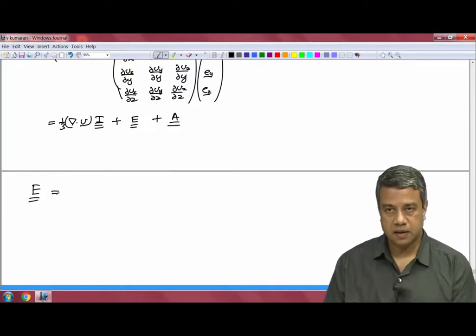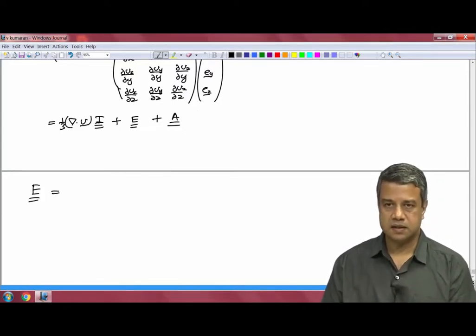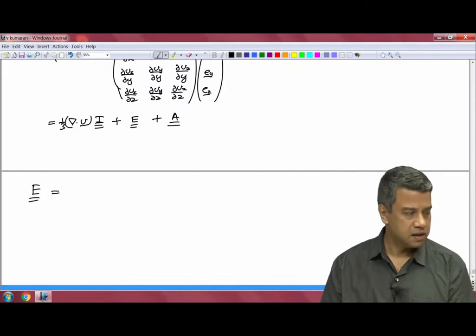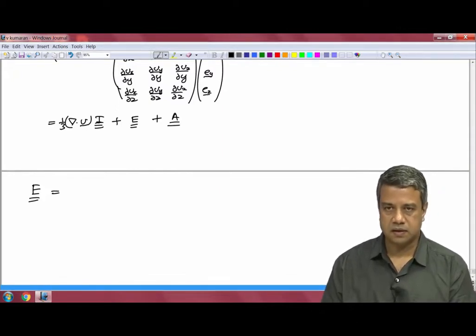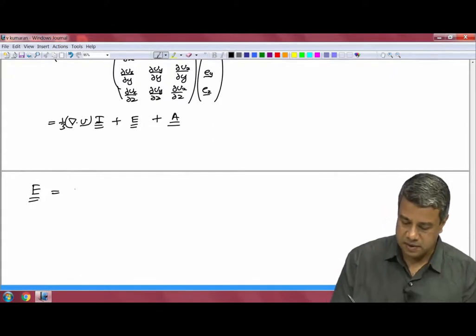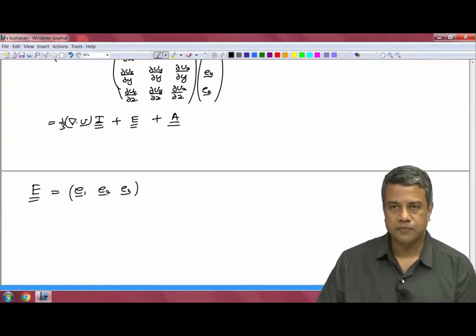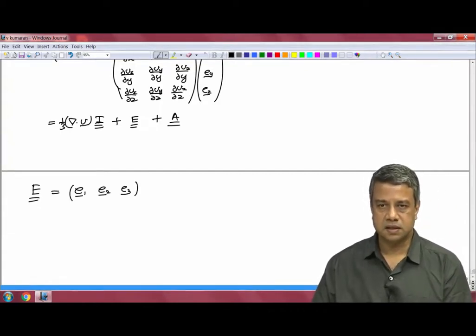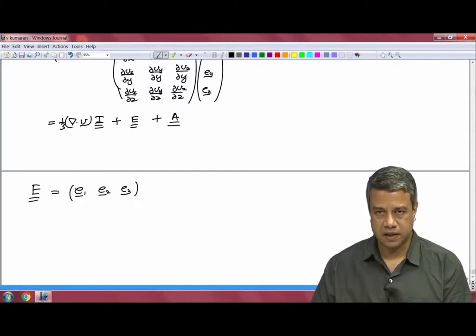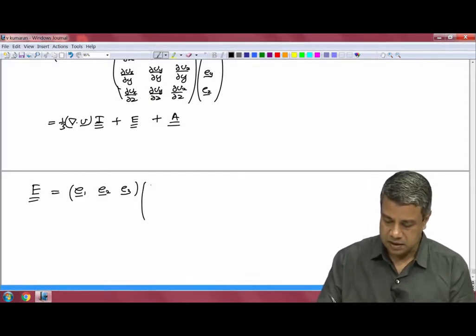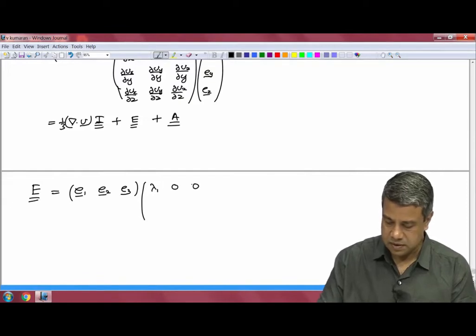can be written, because the tensor is symmetric and traceless, therefore the eigenvalues are real and the eigenvectors are orthogonal, and this can always be written in a coordinate system in which the coordinate directions are along the eigenvectors. This can be written as lambda 1 0 0.